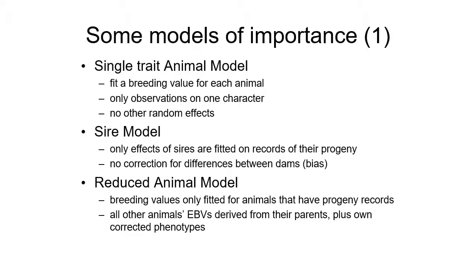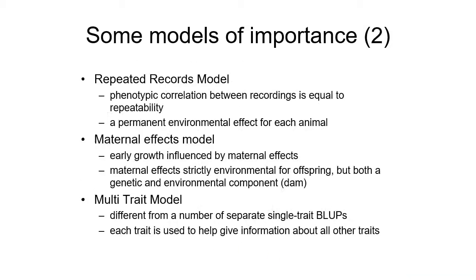The breeding values were then derived for parents, and all the other estimated breeding values were derived from these parents plus the corrected phenotypes. The corrected phenotype is the measurement of the animal within its own contemporary group. So that was basically just a way of dealing with these large matrices to assist one in the process.